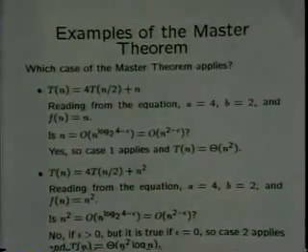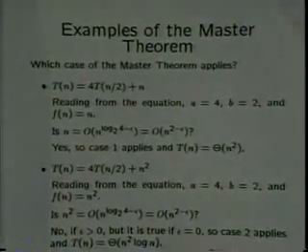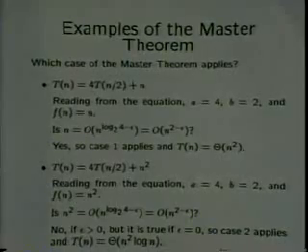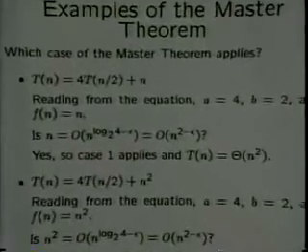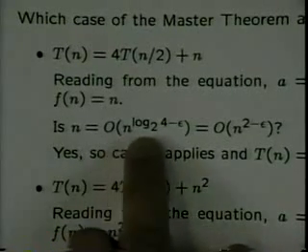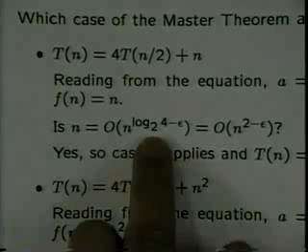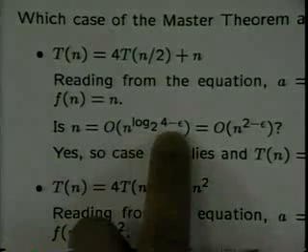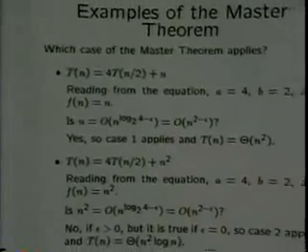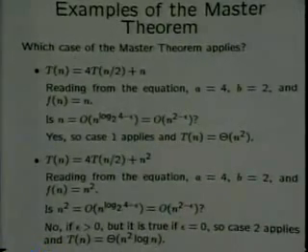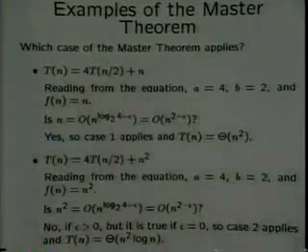Which case of the master theorem applies? The key thing in the master theorem is going to be this n to the log base b of a. That's really what the switch point is. So when you want to decide which case to apply, you take the equation and read off what a and b are.